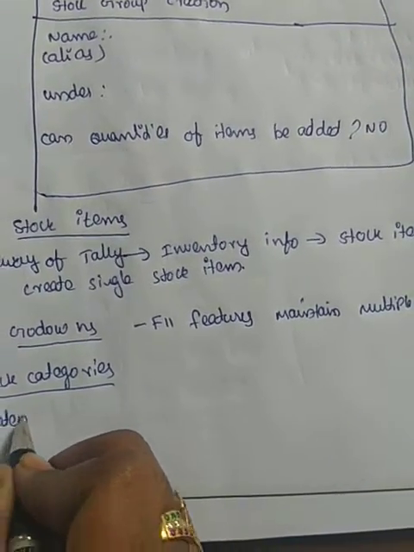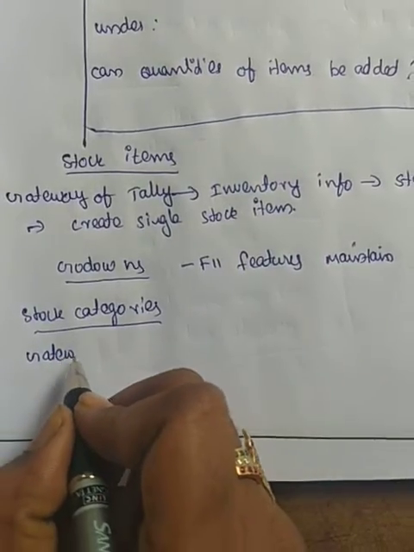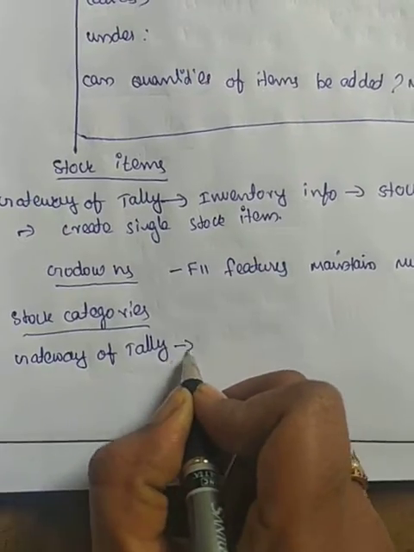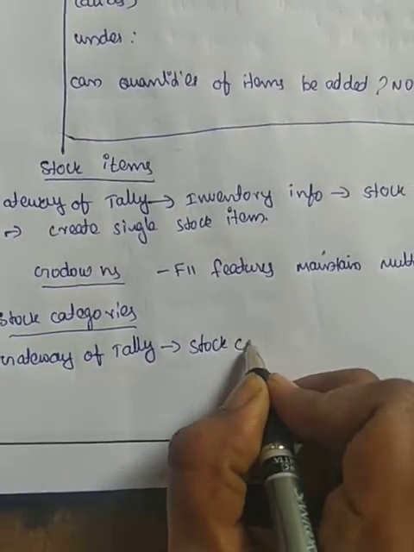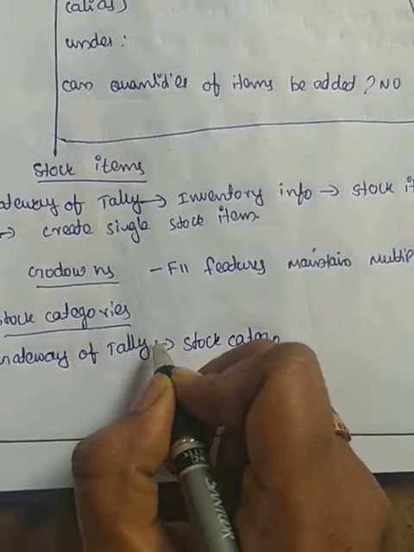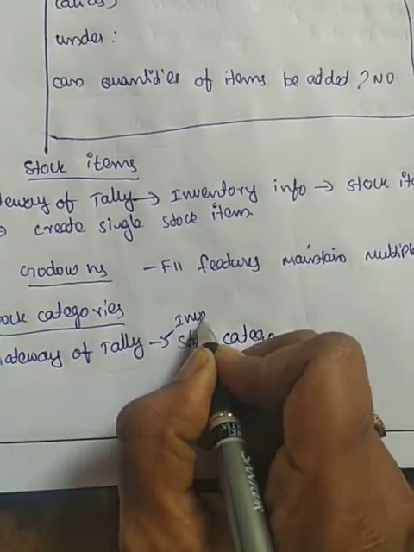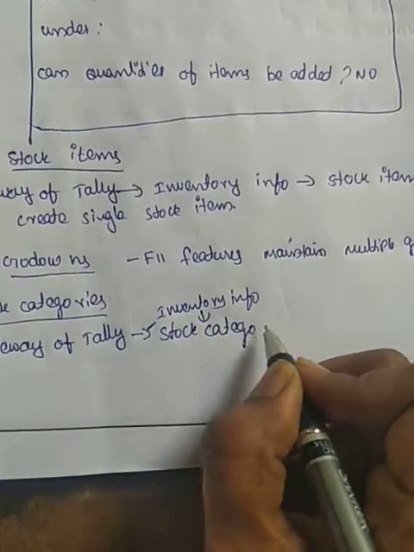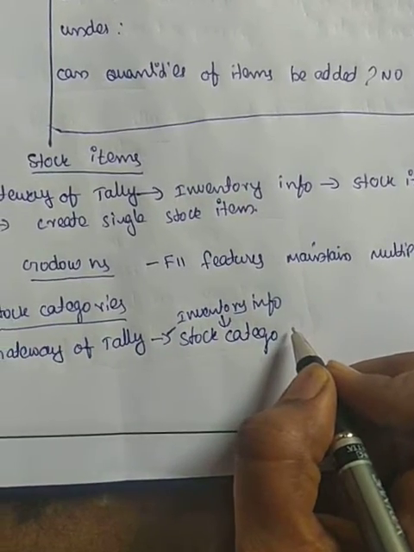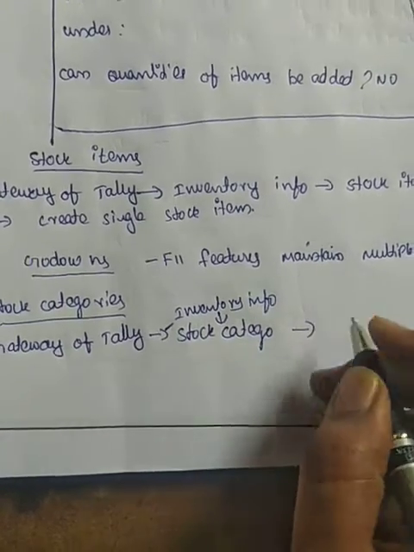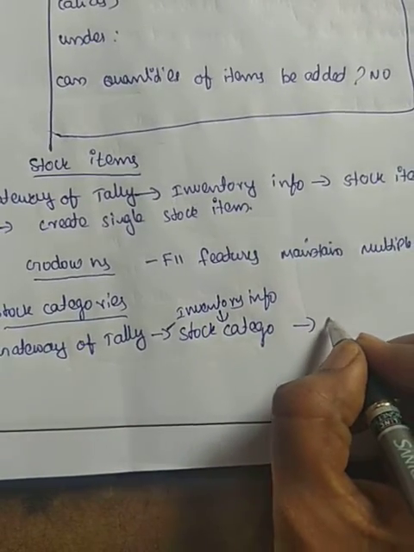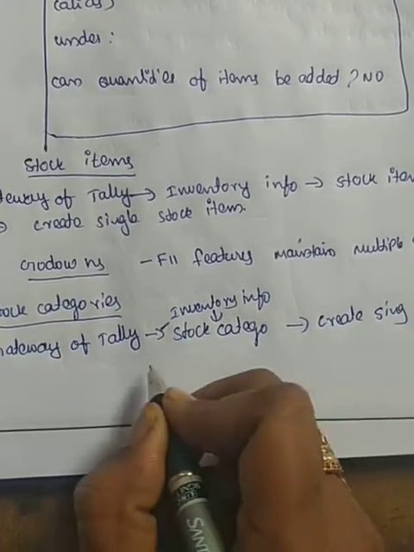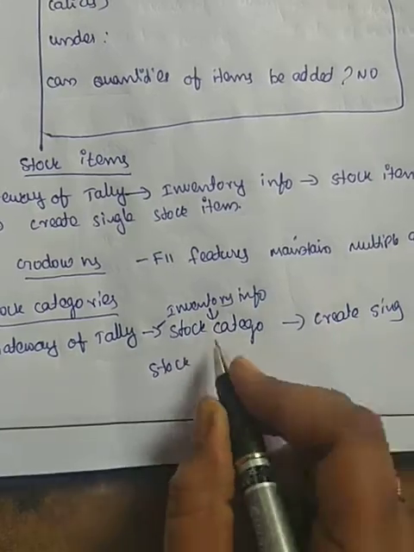Gateway of Tally, then inventory info, then stock categories, then create single stock category.